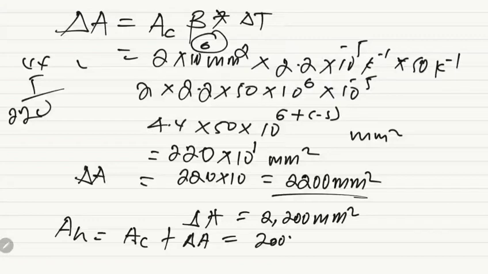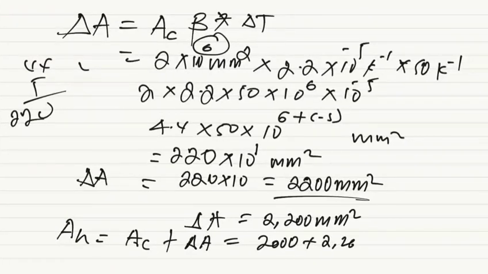So this is 2 million millimeter square plus 2200 millimeter square.